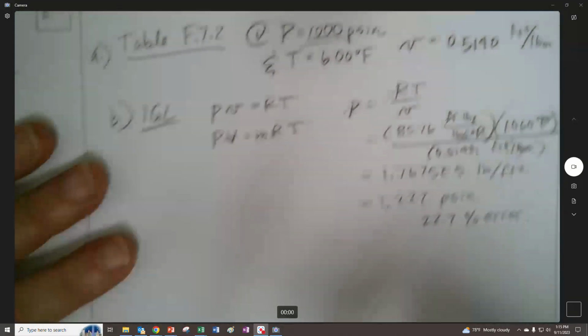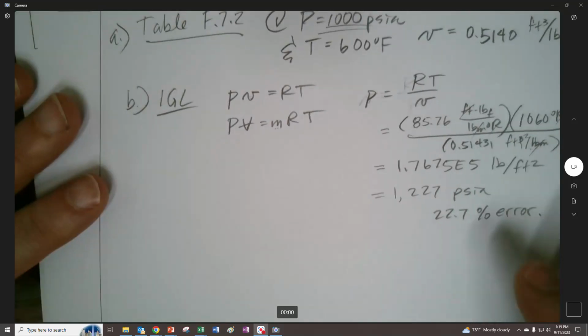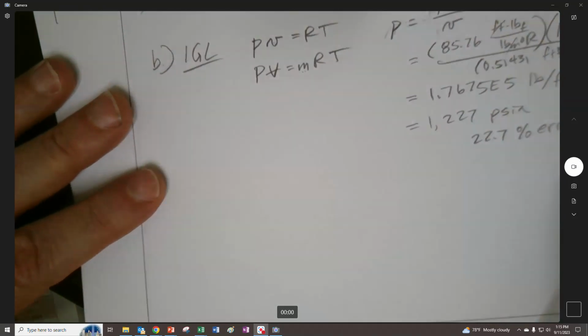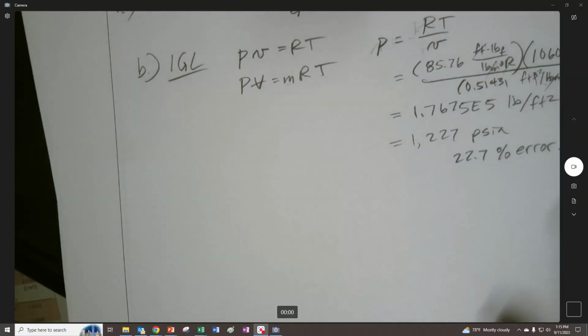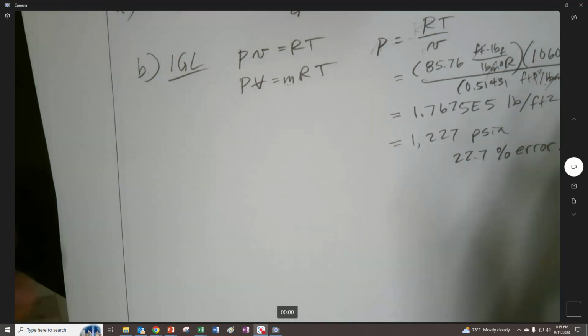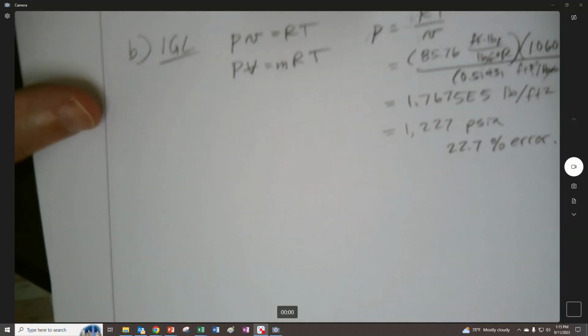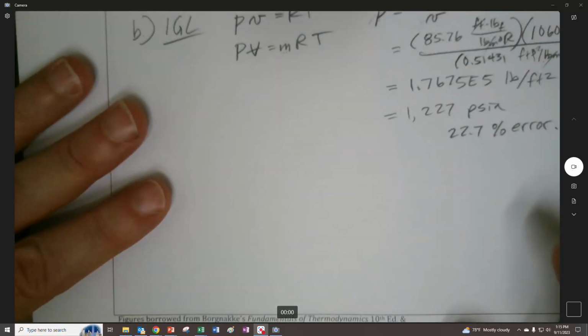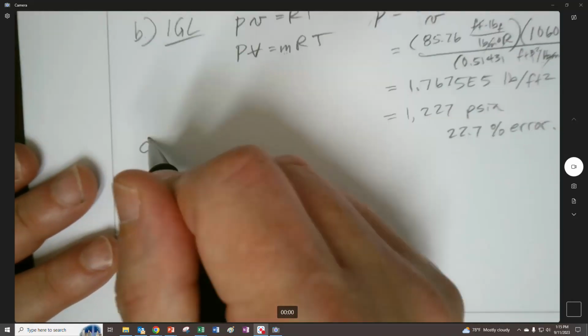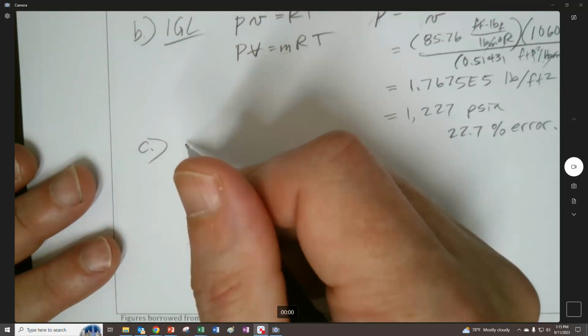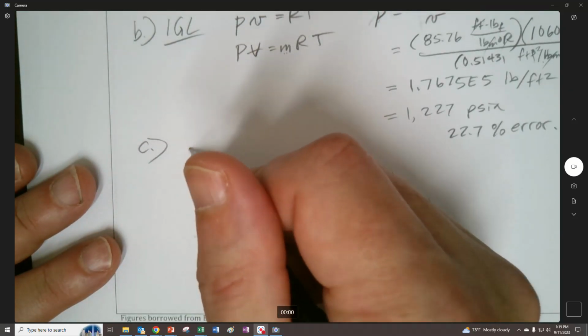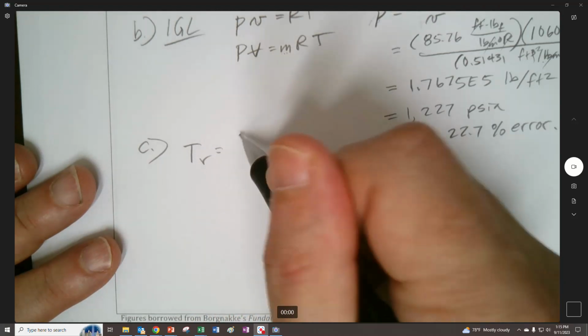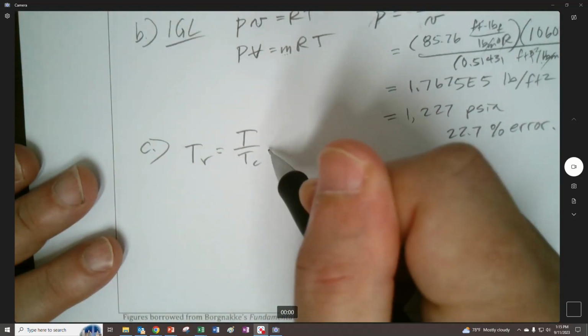All right. The next part of this is a little bit difficult because we almost have to treat it a little differently. It's in the other book differently right here. We're going to have the generalized tables, but first we need the reduced temperature.